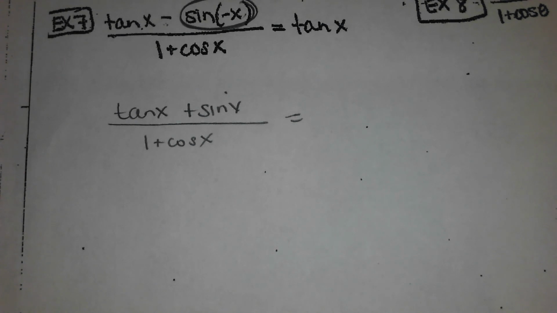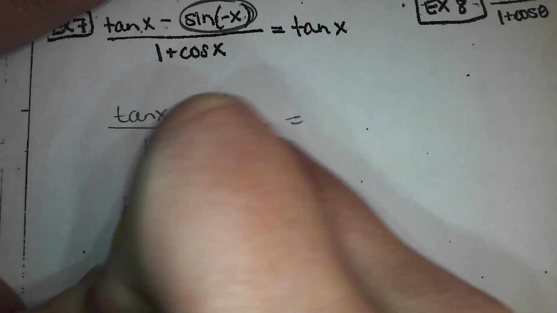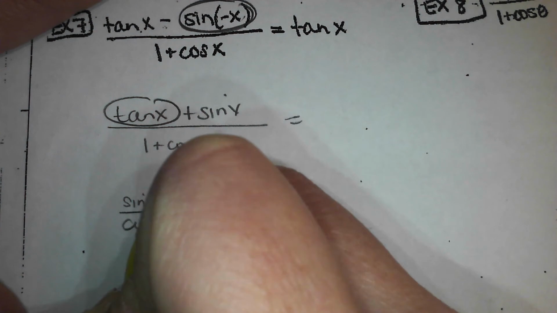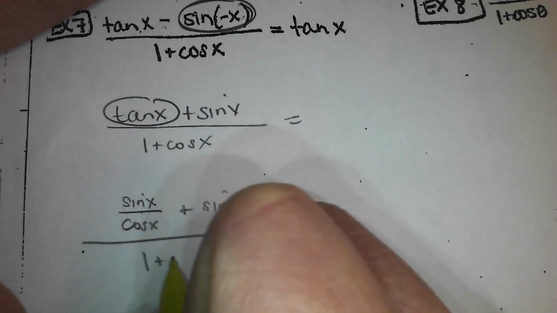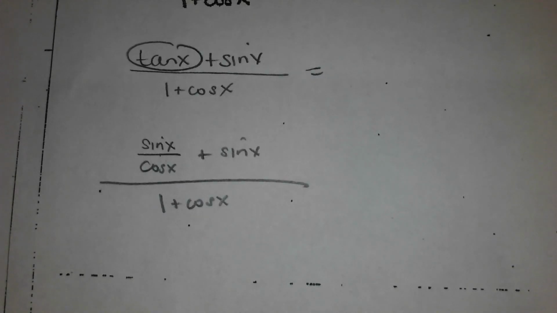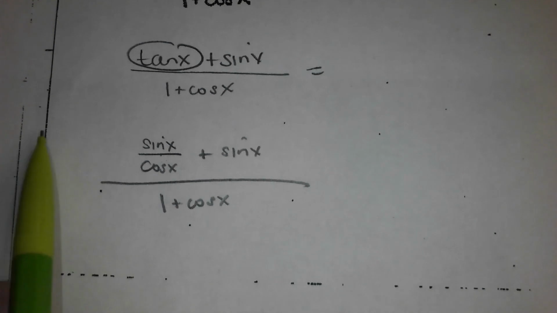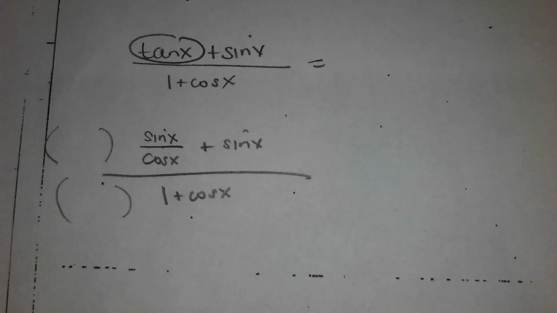Right, sometimes it's helpful to get all things in terms of sine and cosine, and although that seems more complicated at first, if I make the tangent of x, sine of x over cosine x, I can then clear the complex fraction, right? What would I multiply the numerator by and the denominator by to clear the complex fraction?